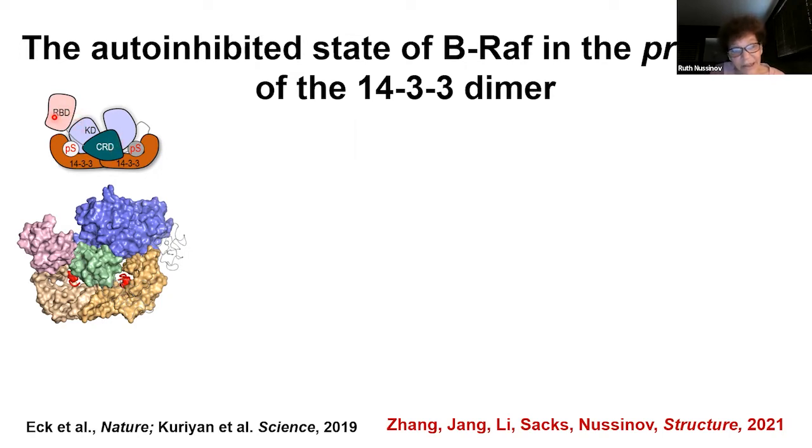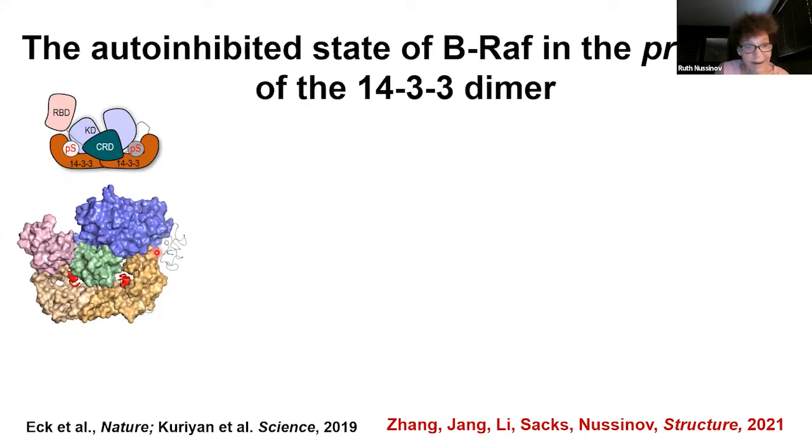So we started the simulation again, this time with the 1433 dimer, and now we were able to obtain the structure and position the RBD in agreement with the electron density.